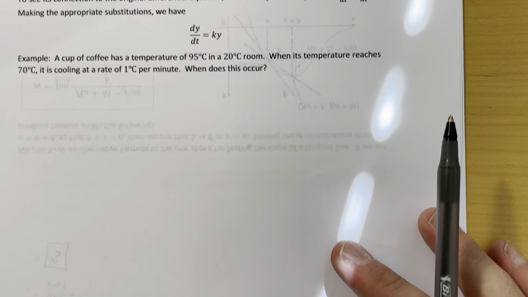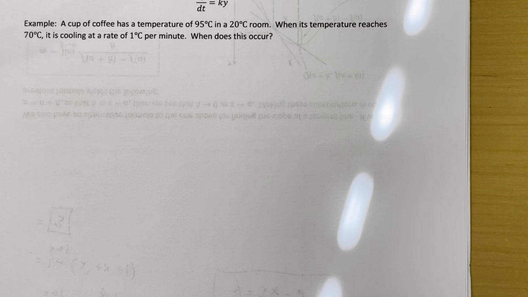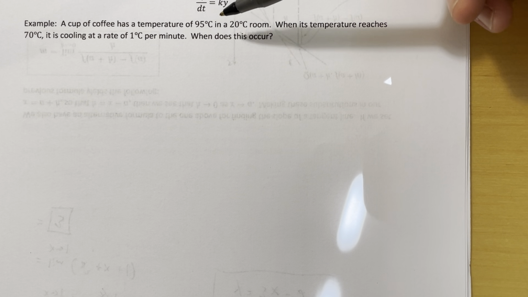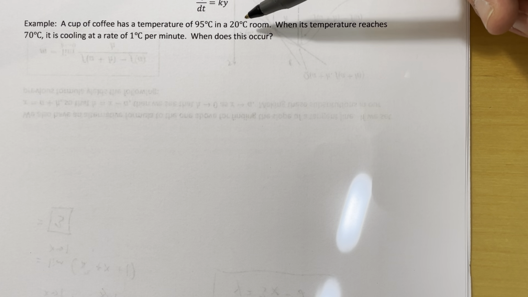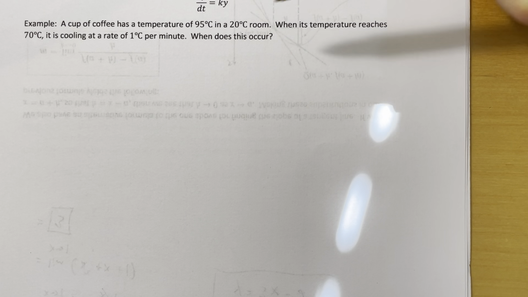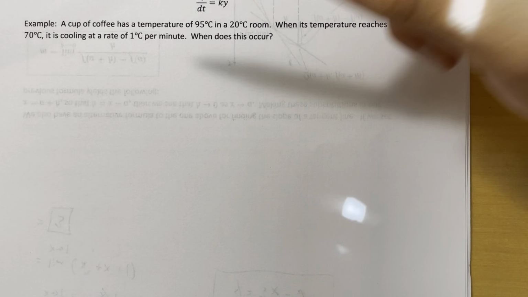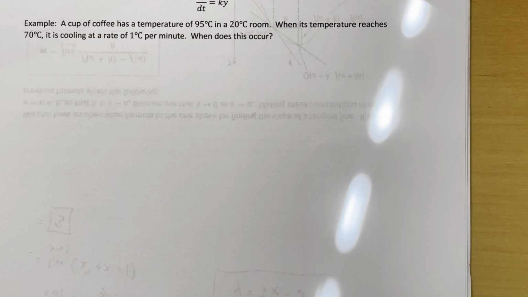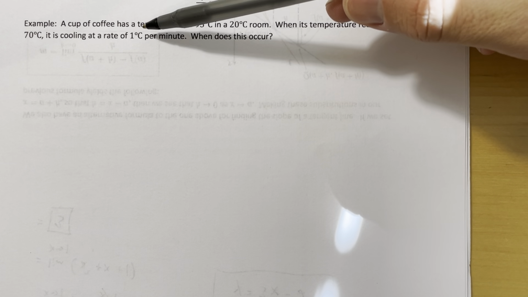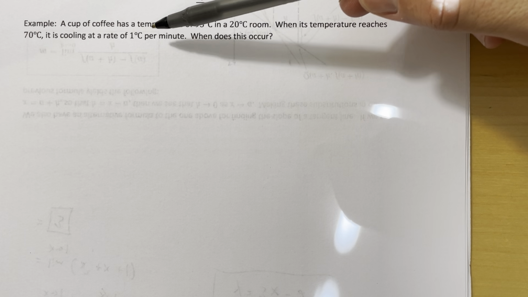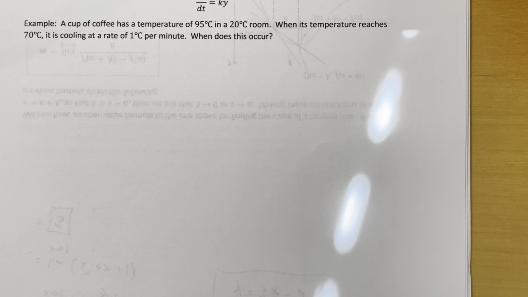Let's try an example where we're using Newton's law of cooling. It says we have a cup of coffee with a temperature of 95 degrees Celsius, and it's in a 20 degrees Celsius room. When the temperature reaches 70 degrees Celsius, it's cooling at a rate of 1 degree Celsius per minute. When does this occur?